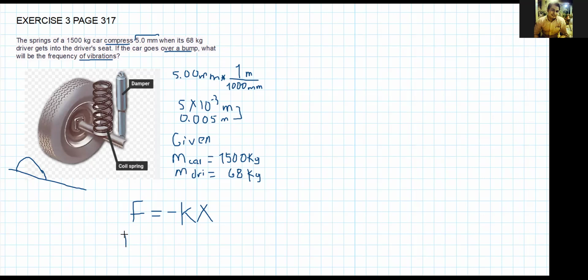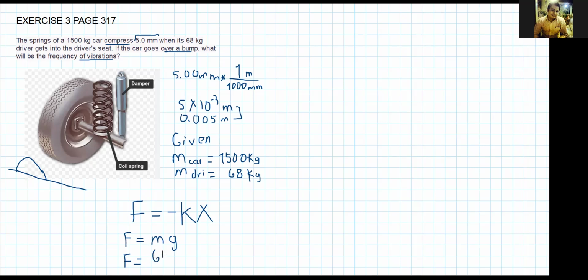Something important is that remember the force is equal to the mass multiplied by the gravity that is affecting this problem, okay? So we can start calculating the force, okay? So in this case, we'll calculate the force with the mass of the driver, okay?